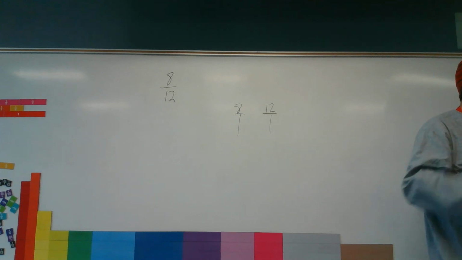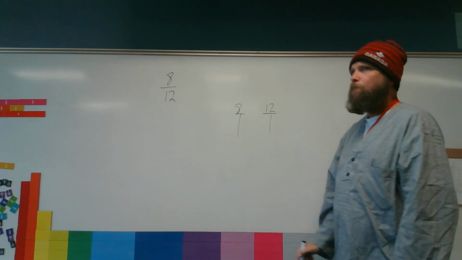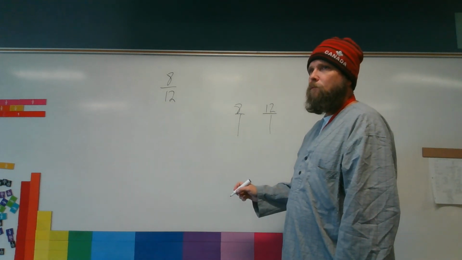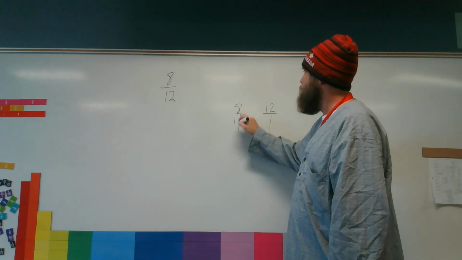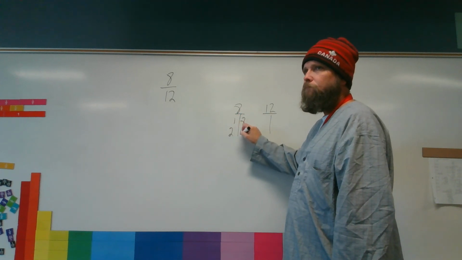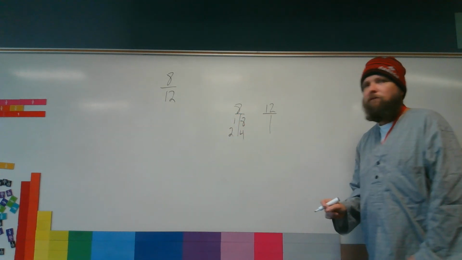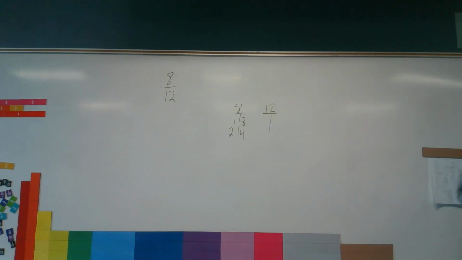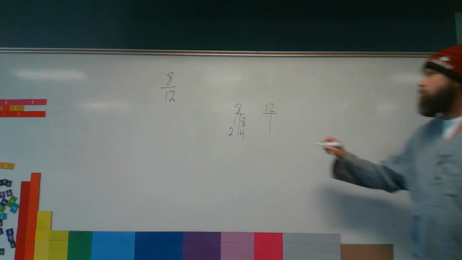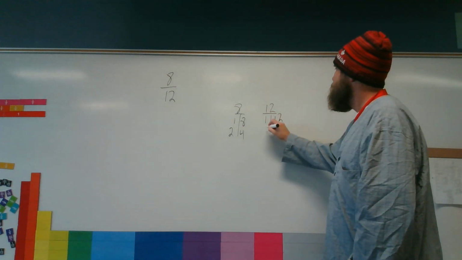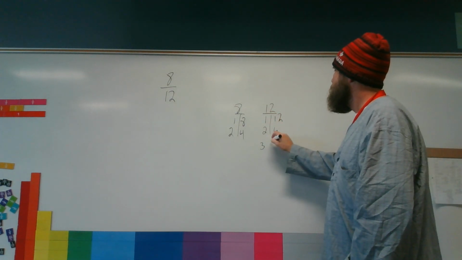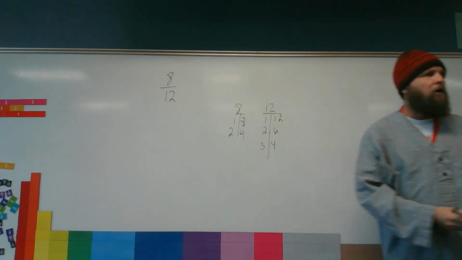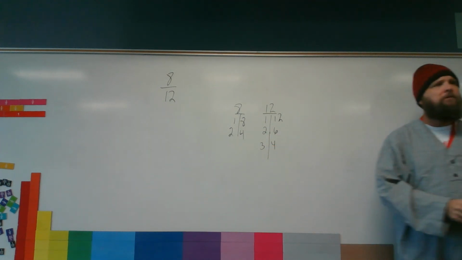So Natalie, what are the factors of 8? 1 and 8. 2 and 4. Awesome. Factors of 12, Reese. 1 times 12, 2 times 6, and 3 times 4. Ian, what all do they have in common?